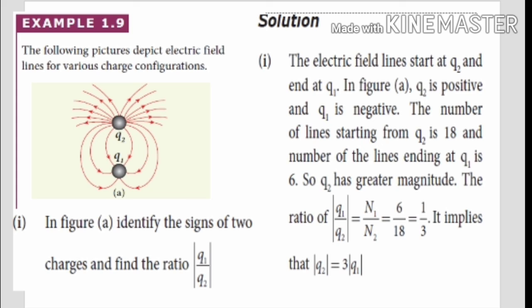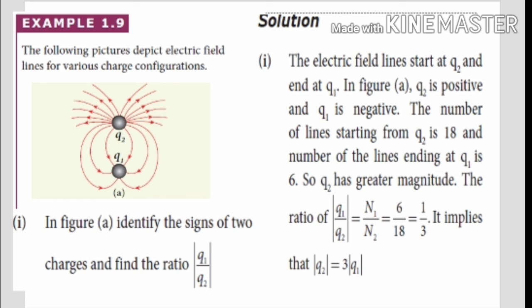First question, in figure A, identify the signs of two charges and find the ratio Q1 by Q2, written in modulus. First, we have to check from where the electric field lines start and where they end. Starts from charge Q2 and ends at charge Q1.